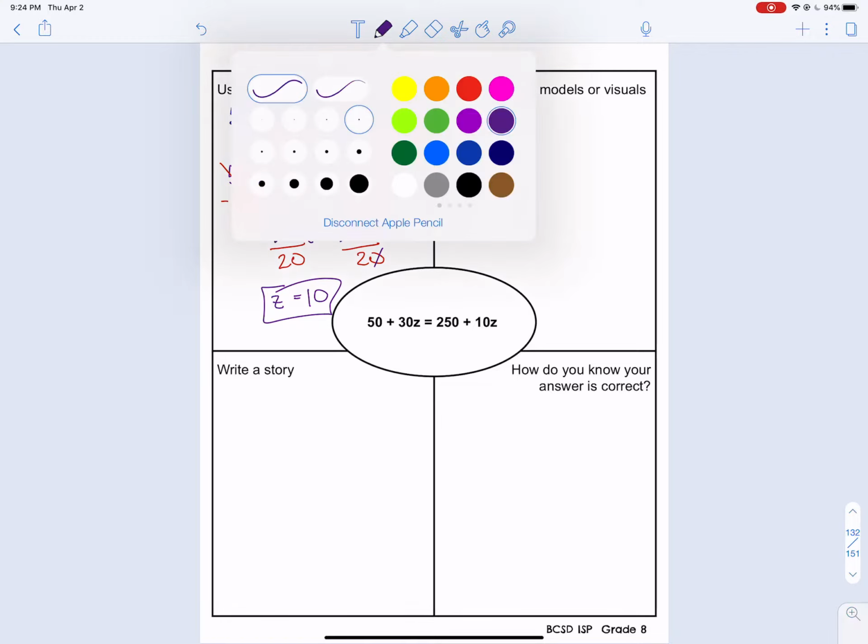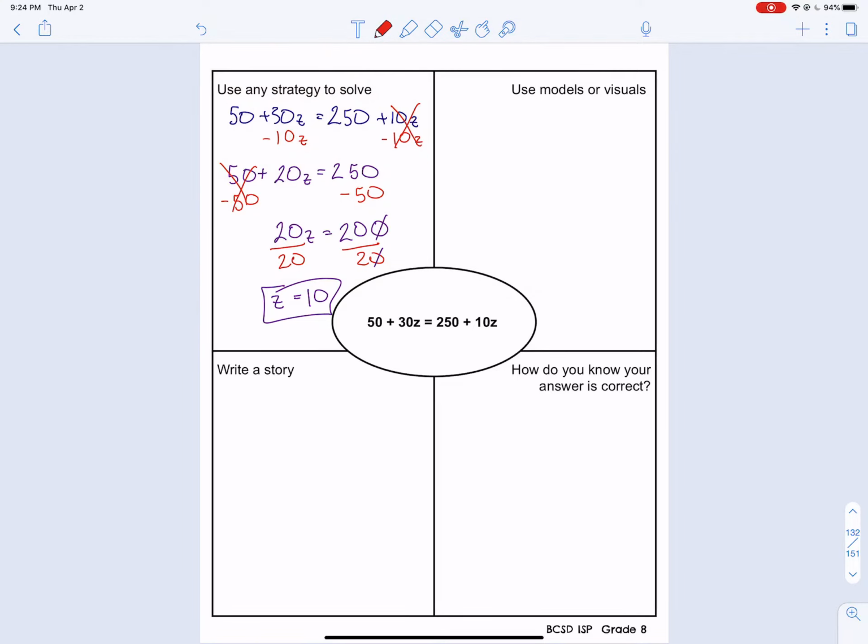Okay, we can check our work. So we want to make sure that this is a true statement. So is this really equal when we put a 10 for z? So just doing this in our heads, 50 plus 300, so that's 30 times 10. Does that equal, so that would be 350. So does that equal 250 plus 100?